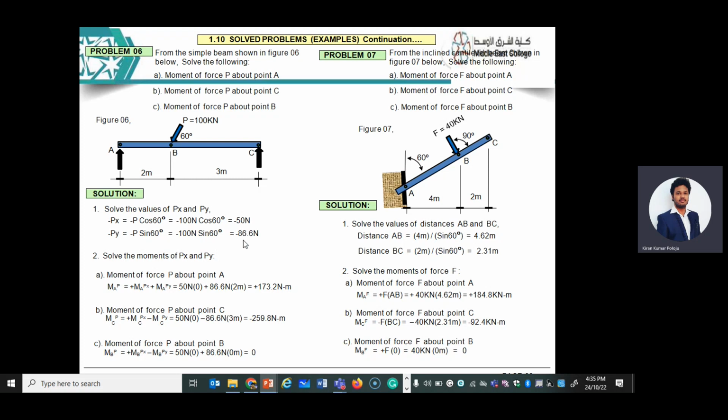After getting Px and Py, you have to calculate moment from point A, from point C, and from point B. From three points, you have to calculate the moment as given in the question.